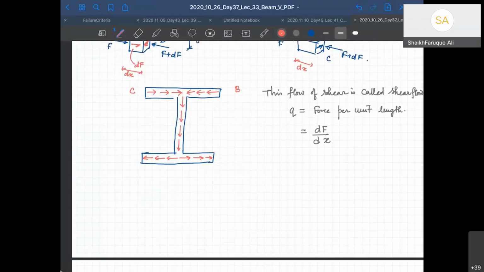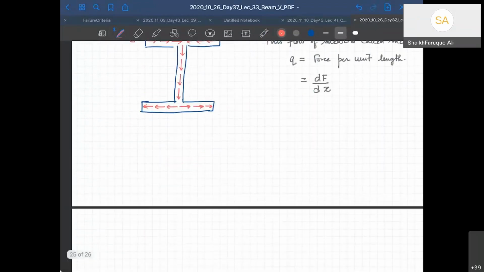But how do you calculate now the q? Okay, how do you calculate q? We know how to calculate shear stress, and we know how to get force from shear stress, just by multiplying by area. Therefore, for shear flow you have to just integrate it once, or you don't divide.